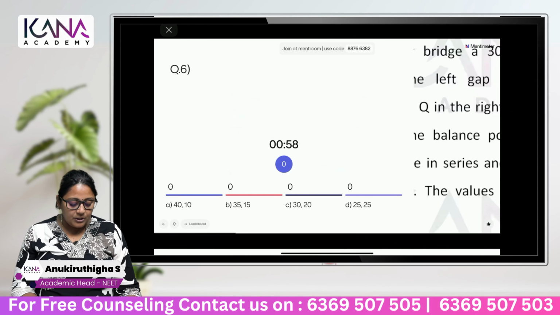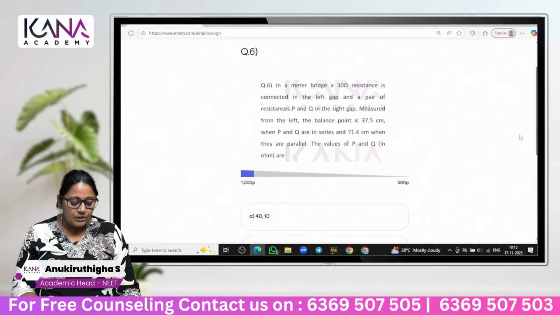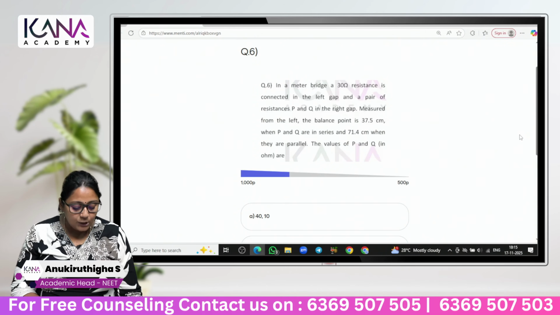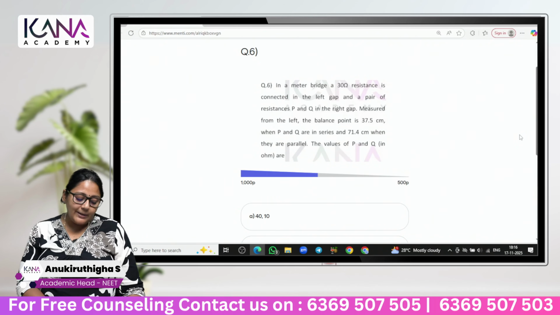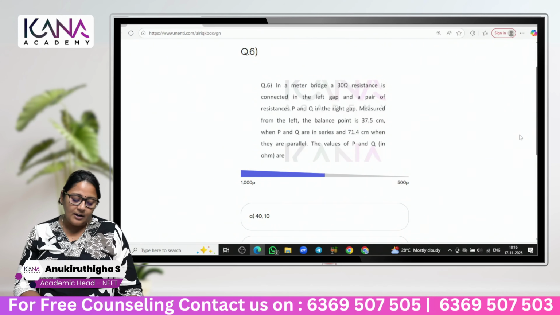So next question is, in a meter bridge, a 30 ohm resistance is connected in the left gap and a pair of resistances P and Q in the right gap. Measured from the left, the balance point is 37.5 centimeter when P and Q are in series and 71.4 centimeter when they are parallel. The values of P and Q are, P and Q ஓட value என்னன்னு கேட்டிருக்காங்க. So option A is 40 and 10, option B is 35, 15, option C is 30, 20, and option D is 25, 25.